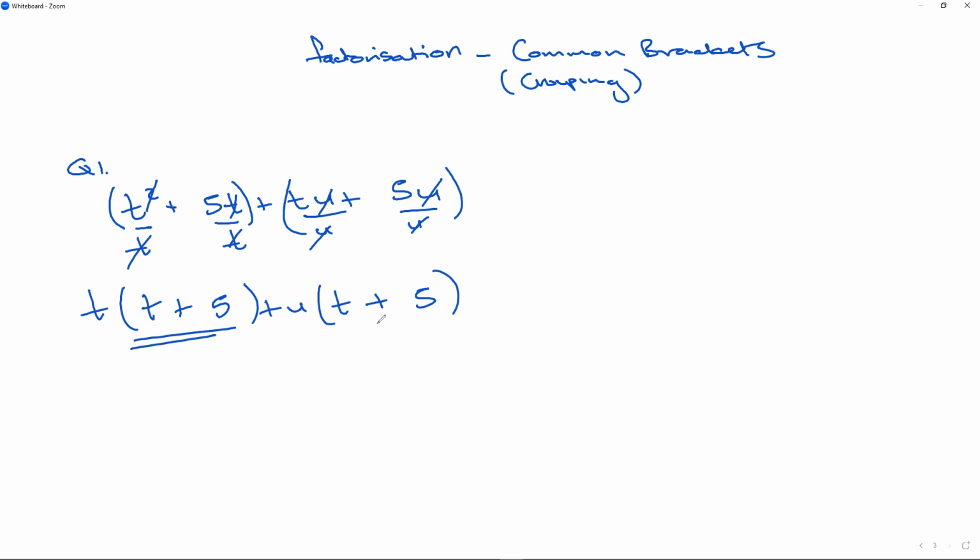Now I have a common bracket. I have a common bracket in between the plus. If you look at it as a unit, I can see that this pluses that. And that's multiplication, and that's multiplication, hidden multiplication.